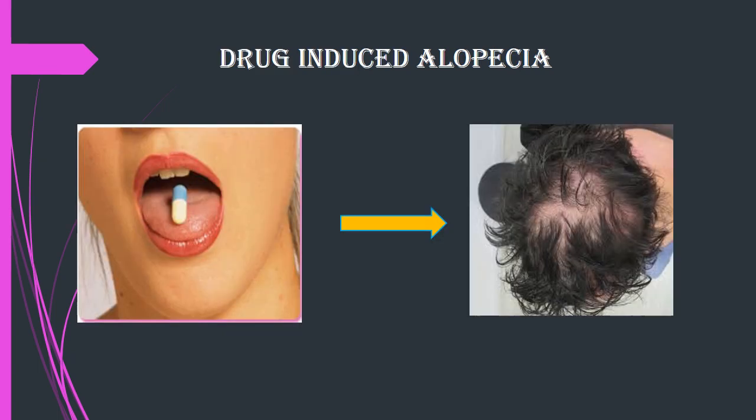Alopecia can also be drug induced. For example, anticoagulant drugs, antithyroid drugs, antimitotics, along with vitamin A and beta blockers are some drugs also responsible for alopecia.